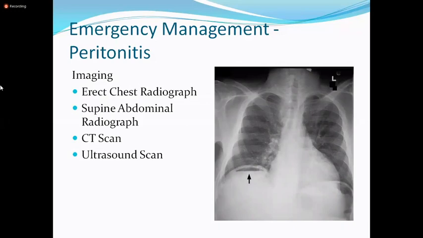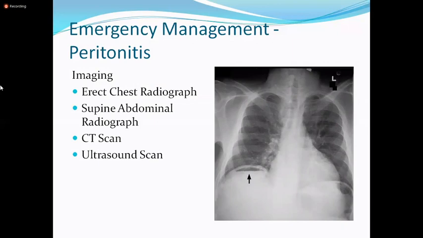If the patient is too ill for erect chest X-ray, what would be the other view you could advise to look for free gas under the diaphragm? Yes, lateral decubitus. It can show gas beneath the abdominal wall.